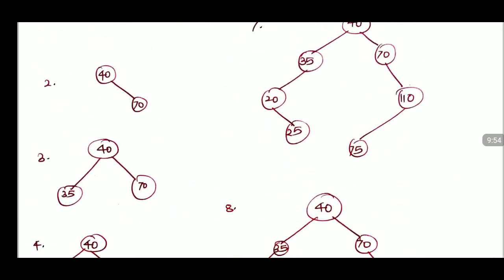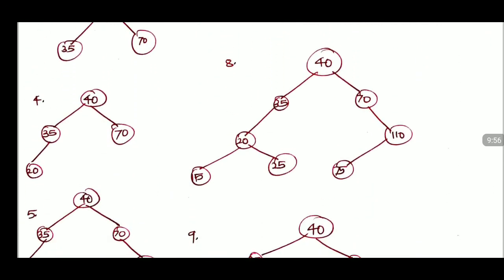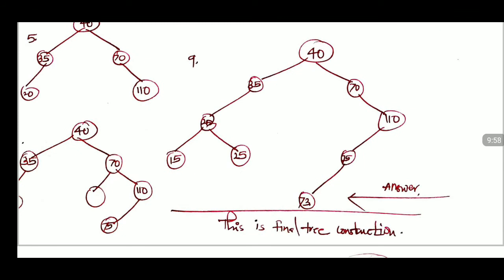Next element is 73. Again 73 is compared with 40. It is greater, so we go to the right part. Then we compare with 70, then 73 is greater, so again we'll go to the right part. Then there is a 110, we'll compare with that. Now as we compare with it, 73 is less than 110, so it will go to the left part.